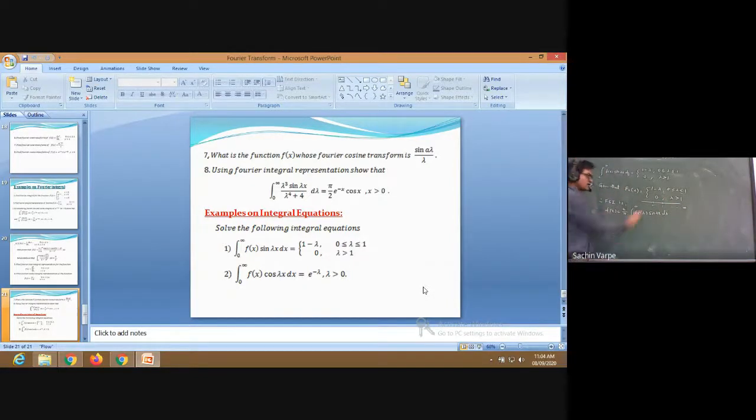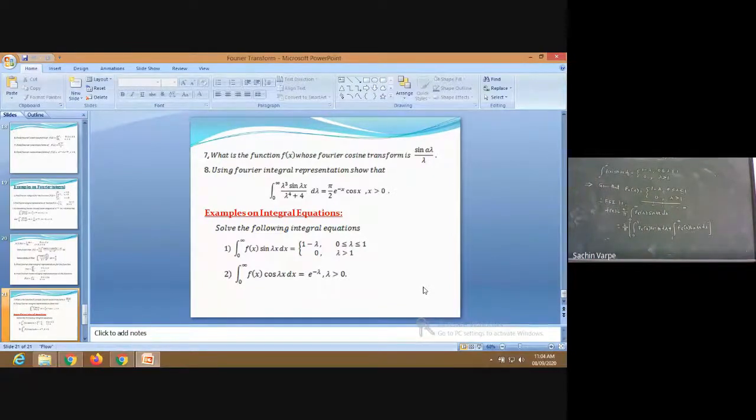Always remember, negative will not be there. Therefore we break the interval: 2 by pi times integral 0 to 1 Fs of lambda sine lambda x d lambda, plus integral from 1 to infinity Fs of lambda sine of lambda x d lambda.